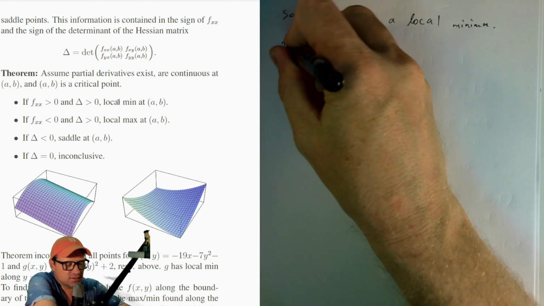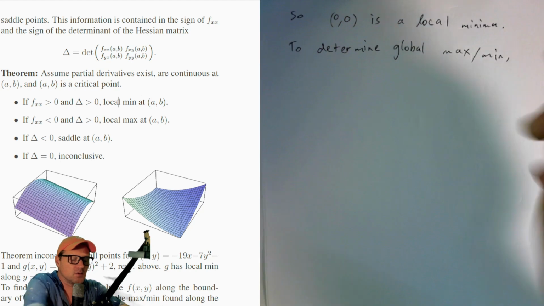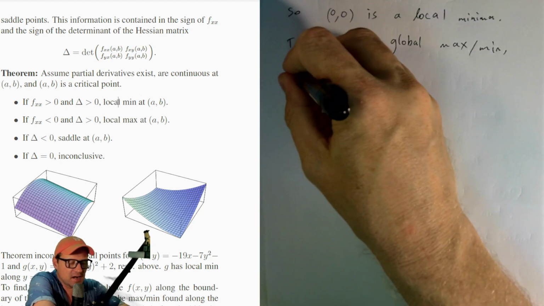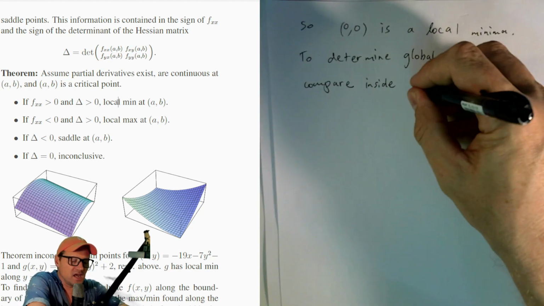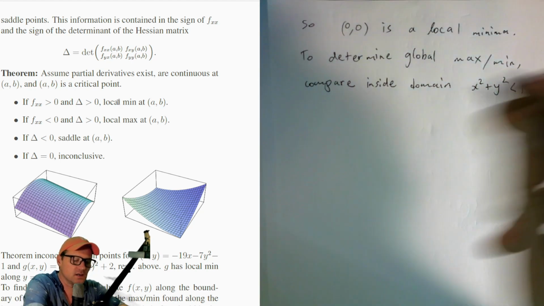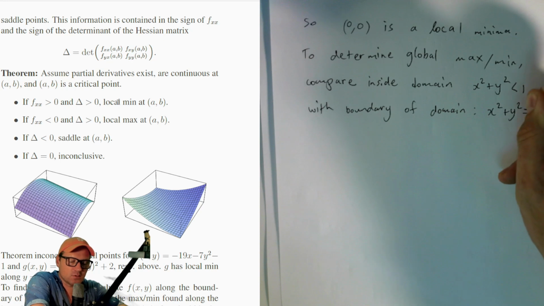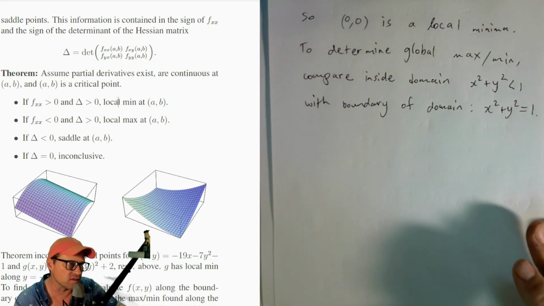Okay, so finally, to determine global max and min, what we need to do is compare inside the domain, x squared plus y squared less than 1, with the boundary of the domain, x squared plus y squared equal to 1. Okay, so what happens on the boundary?